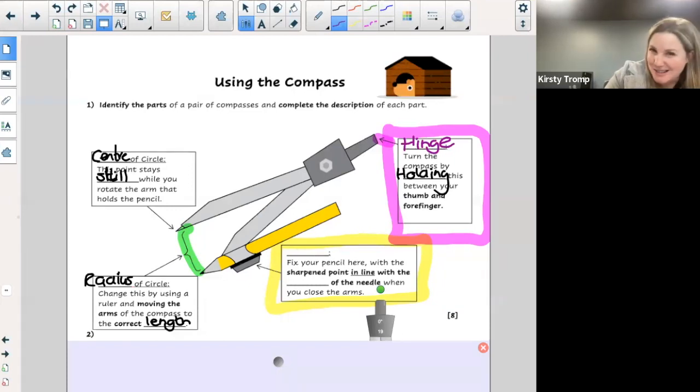So what is this? The clamp, you can call it the clamp, good. Some people also call it a screw. Fix your pencil here with the sharpened point in line with the tip of the needle. Well done.